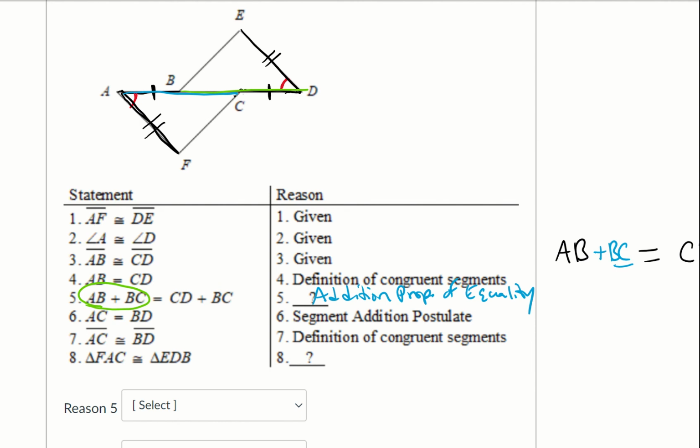I'll erase these markings here so that we can show you. We know that AB plus BC is AC, because this part AB plus this part BC has to equal this whole thing, AC. That's how we got AC from that side. And similarly, CD plus BC is BD, and so that's how we got this part. That's the segment addition postulate that we were referring to.